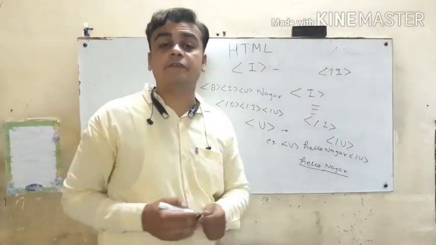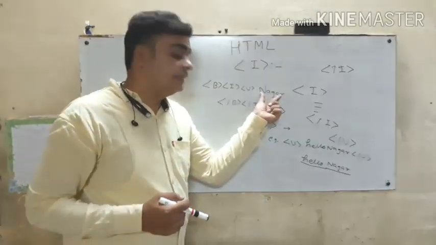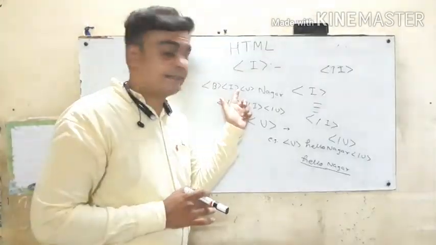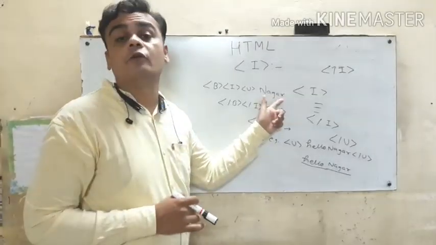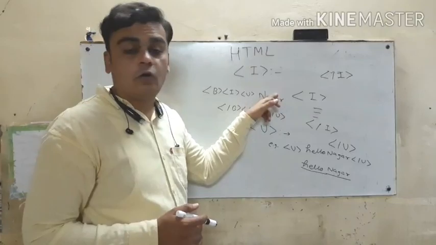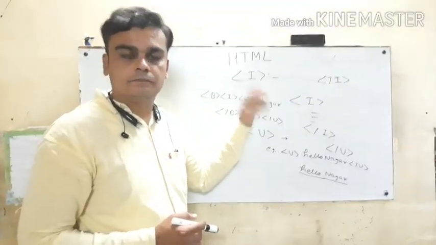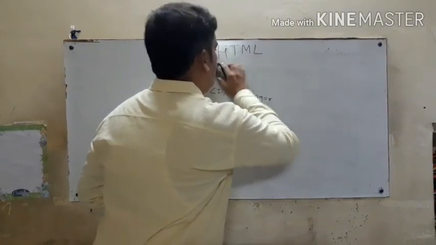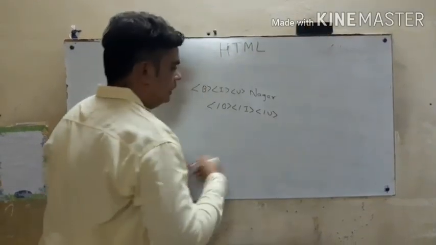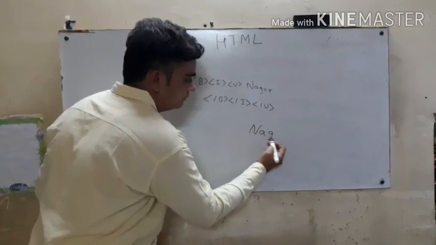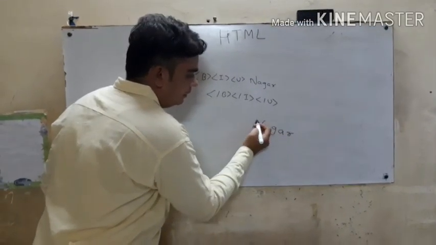Then what will be its effect? This Nagar text will be represented in bold, in italic style, as well as underline will also be displayed. Means all the three effects are given on this text. The output of this combined tag will look like this, in italic style.